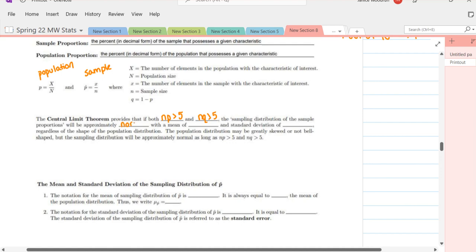So again, normal distribution with a mean of, and we'll call this mean, so mu of p hat, little p hat here. And a standard deviation, sigma p hat. For your notations there. So you have mean of p hat, that's mean of the sample proportion.